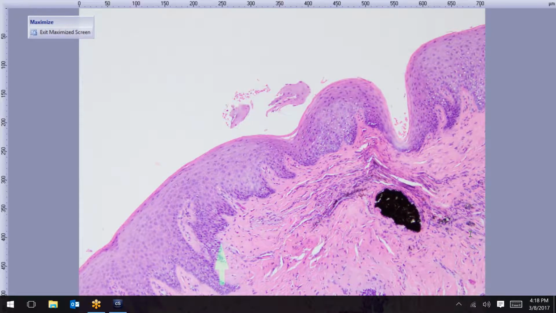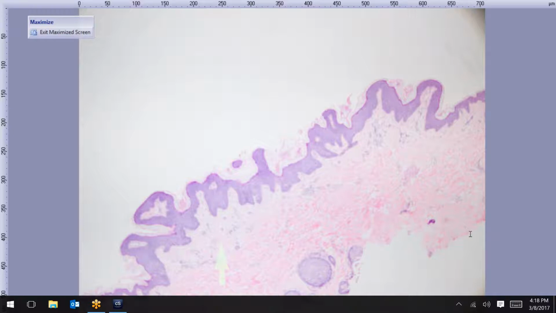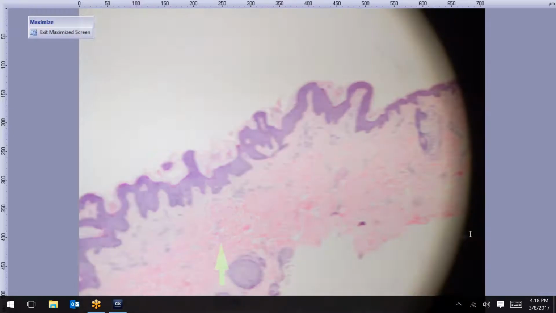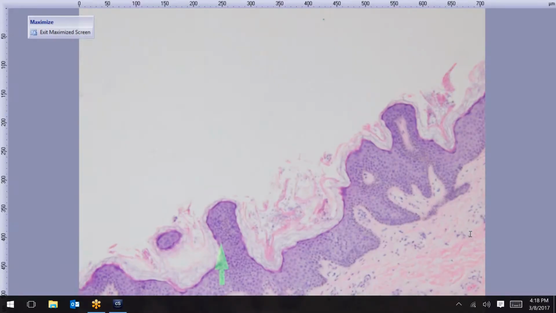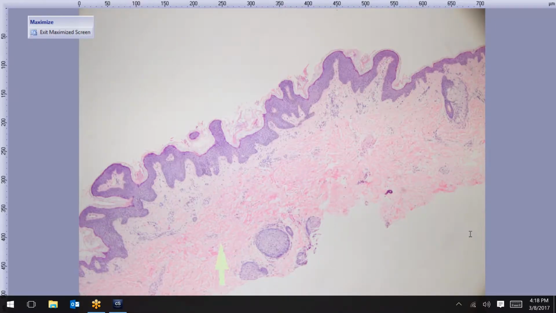All right, amalgam tattoo. Okay. So at this power, you can appreciate that there's a little bit of hyperkeratosis, a little bit of acanthosis, and it's a little bit papillomatous.